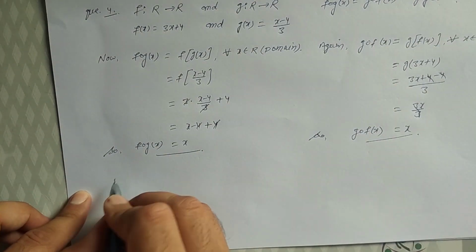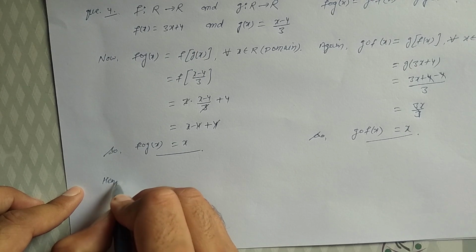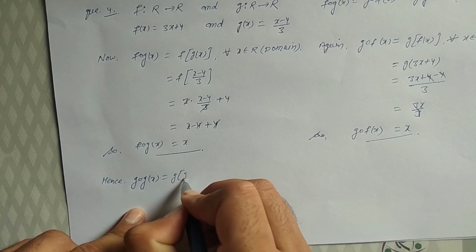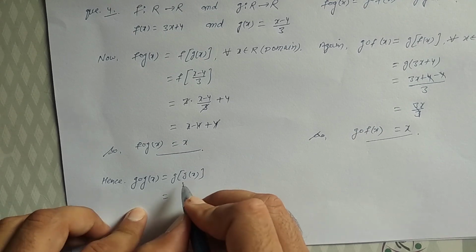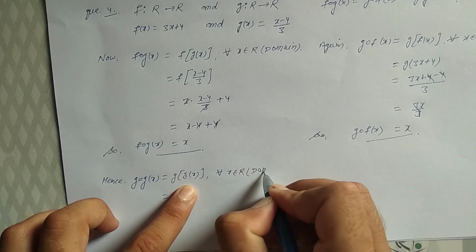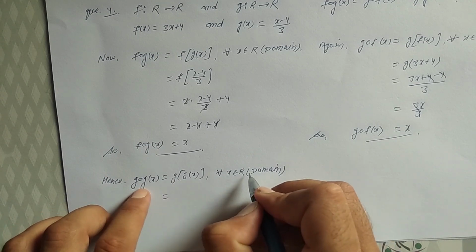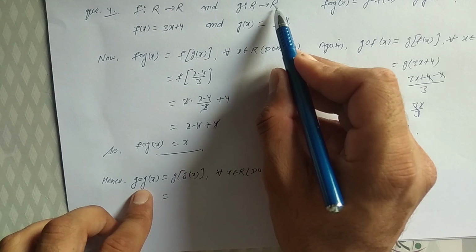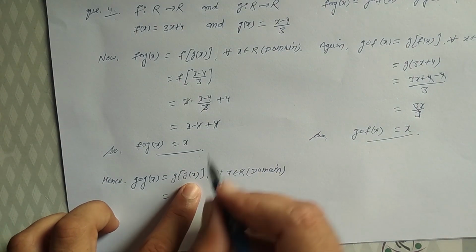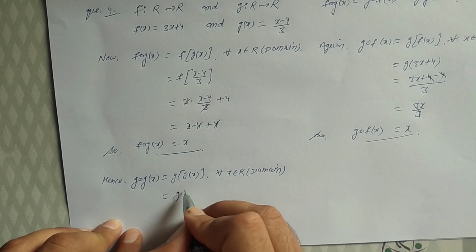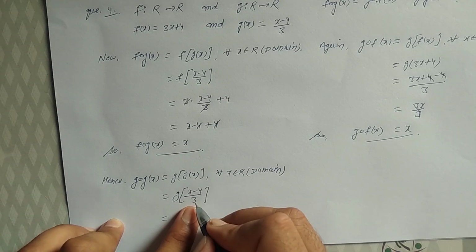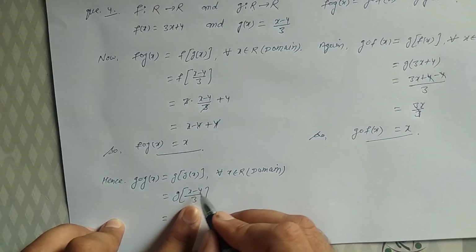Similarly, gog(x) is equal to g(g(x)), for all x belonging to the domain R. The domain of g is R and the codomain of g is R. Putting the value of g(x), g((x - 4)/3), so x in g(x) is replaced by (x - 4)/3.